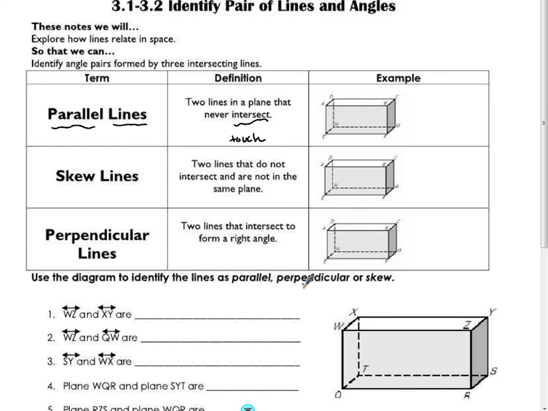Okay? So when I look at my rectangular prism here, a lot like a tissue box, you can visualize this as a giant tissue box. Each of the corners of my tissue box has a different letter associated to those points.